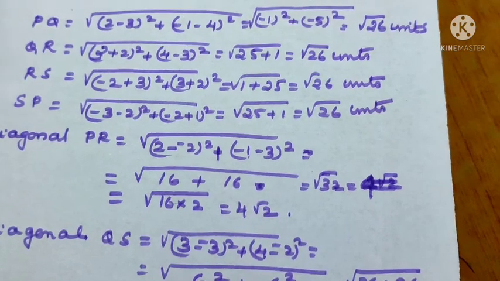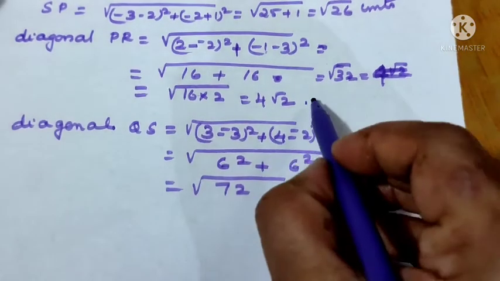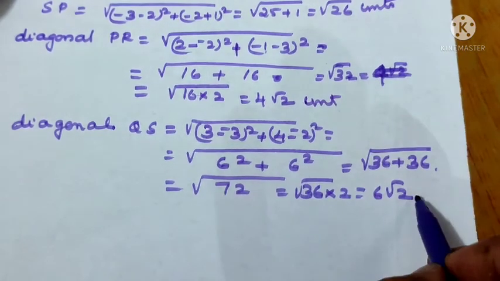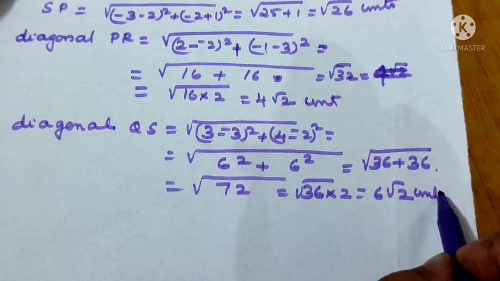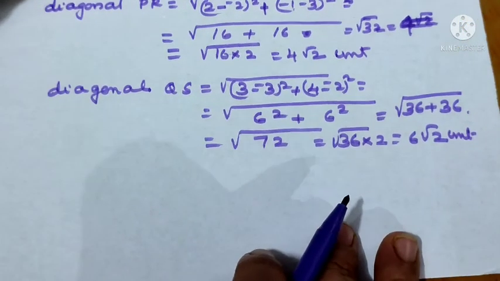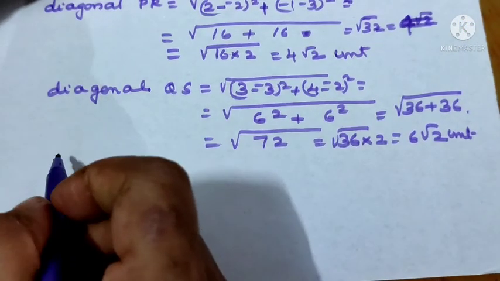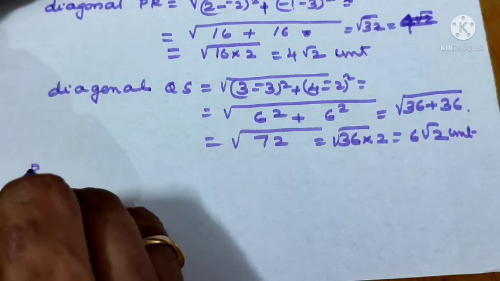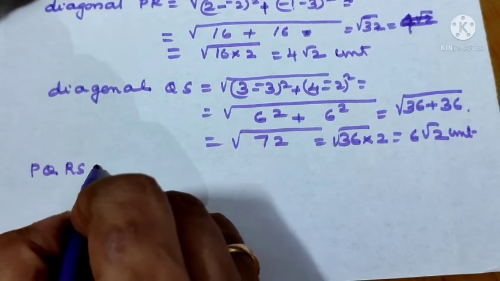Now what have we calculated? The diagonals' lengths: one is 4 root 2 and the other is 6 root 2. So both diagonals are different. What is the conclusion? We can write: PQRS is a rhombus.